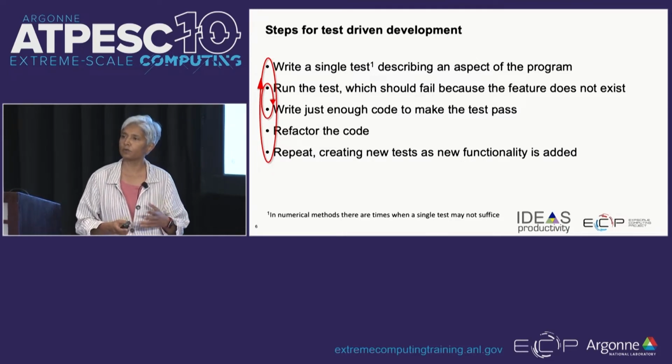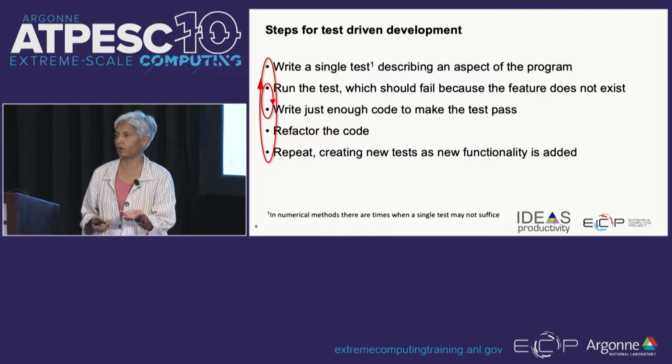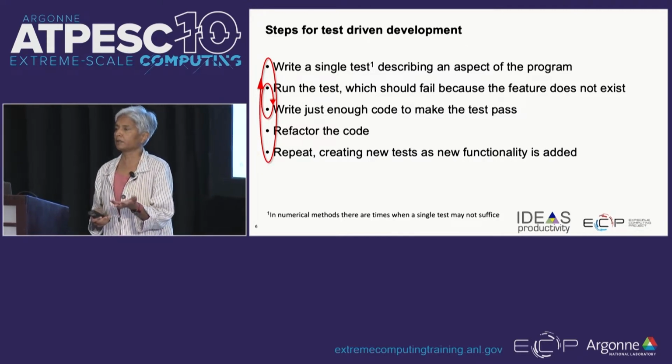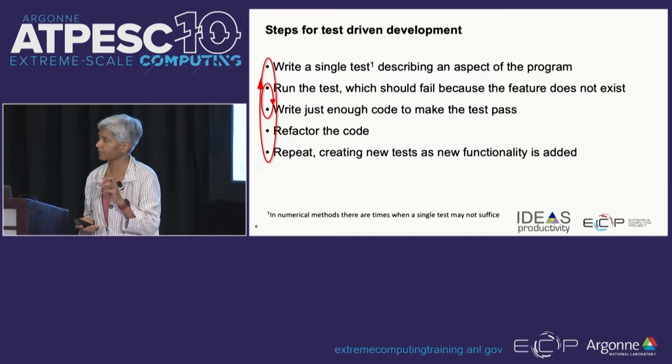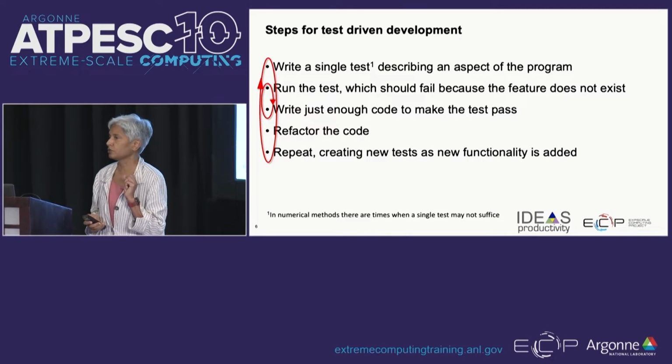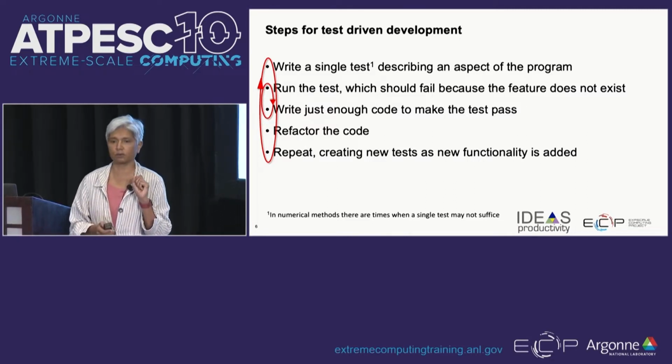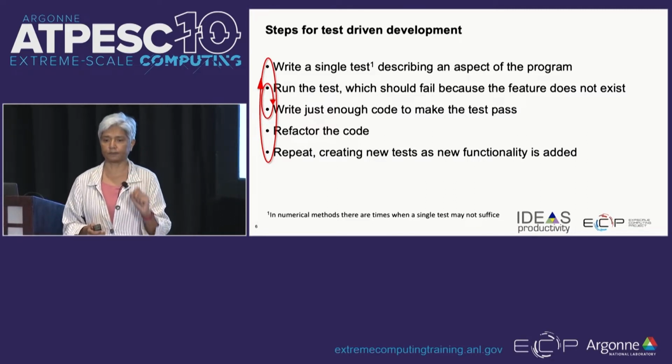In some sense, even what I was talking about in terms of design, you could do this if you strictly followed this, but this is the general principle: any aspect of your program that you want to verify for correctness, you should just be writing a test for it.